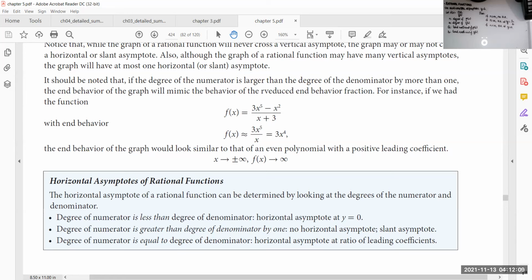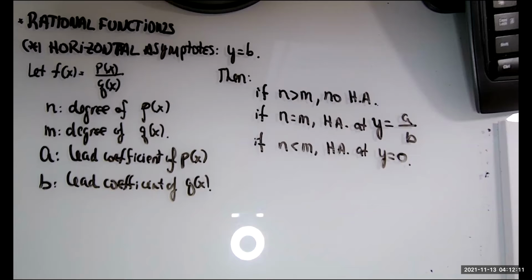So I'm going to stop sharing here. So this is the rule. First of all, f of x is p over q, a division or quotient of polynomials, a rational function. Let's call n the degree of the numerator and m the degree of the denominator. Likewise, let's call a the lead coefficient of the numerator, and b the lead coefficient of the denominator.